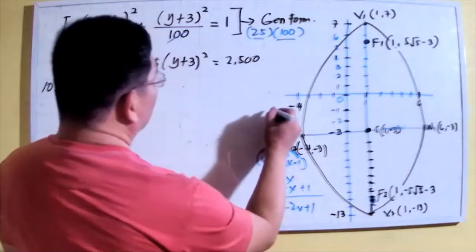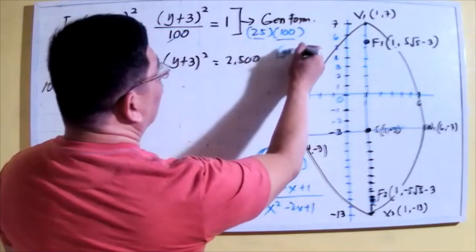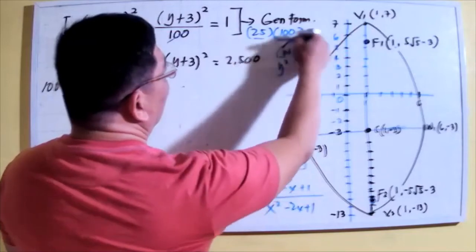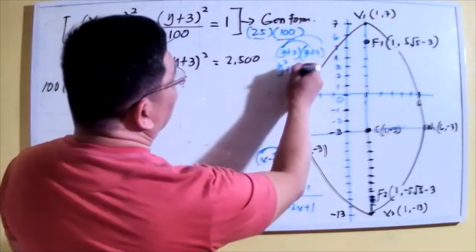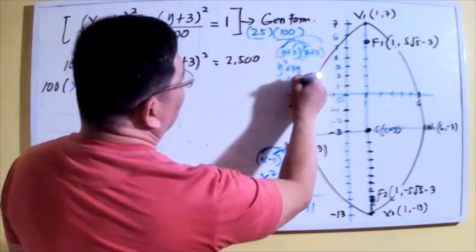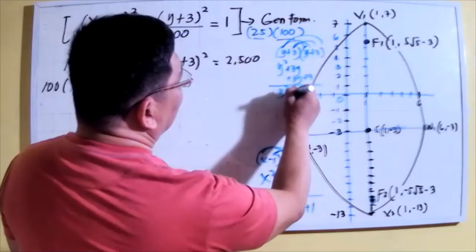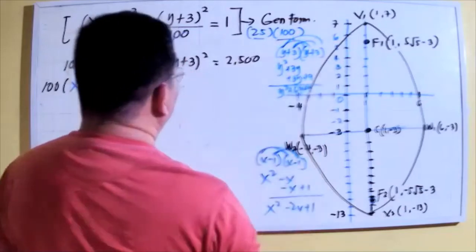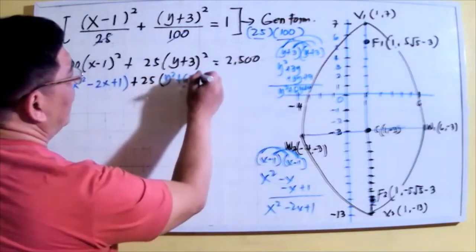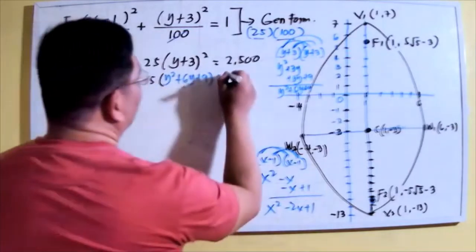We have y plus 3, we have y squared, y times 3, positive 3y, and 3 times y, positive 3y, 3 times 3, positive 9, you have y squared plus 6y plus 9. So, lipat natin dito, y squared plus 6y plus 9 is equal to 2,500.